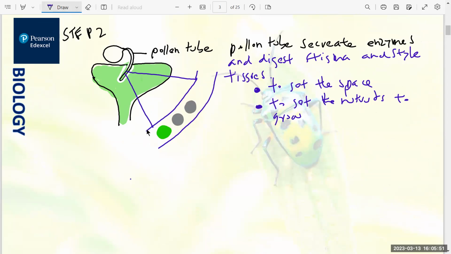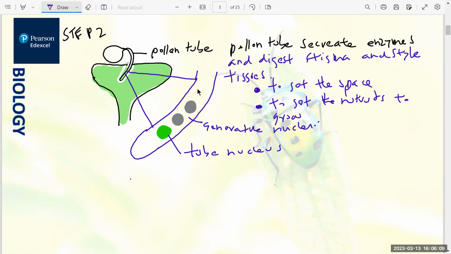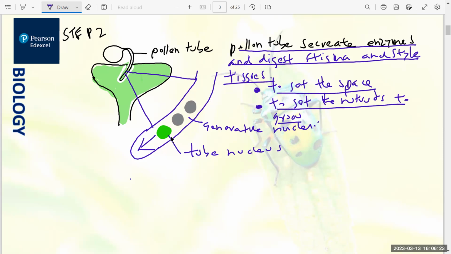This is the tube nucleus, and these two follow behind it. They are called again generative nuclei. So they are moving in this direction. So this is step 2. Now, can you also write this down, step 2?